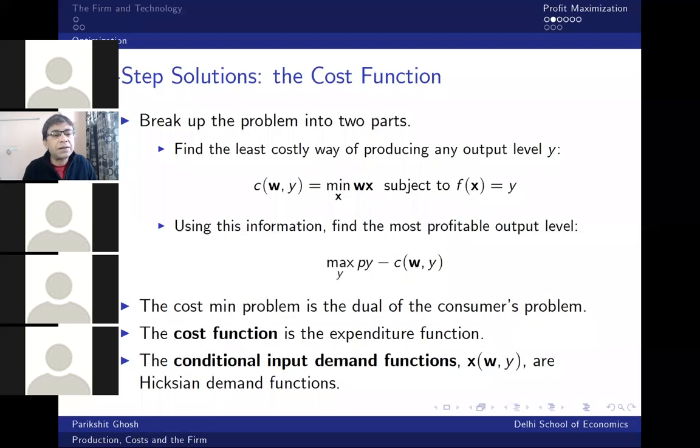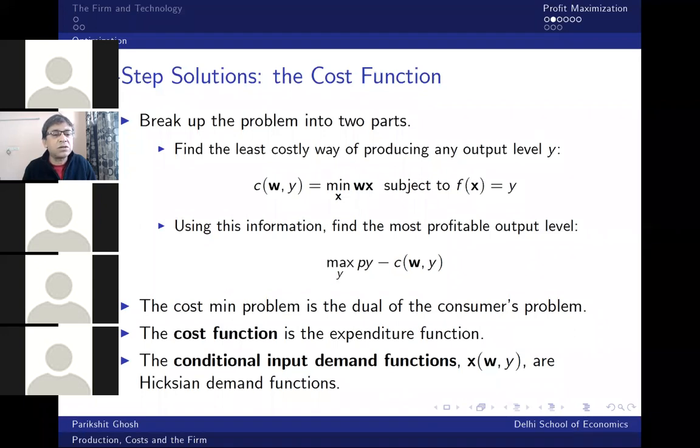Stuti. Sir, my doubt is similar to Rishi's doubt. So, sir, first part we are minimizing cost. In the second part, we are maximizing profit. So sir, isn't minimizing cost dual of maximizing profit? No, it's not. Why will it be? Sir, because whether we minimize the cost or maximize the profit, I think we will get the same. So not.